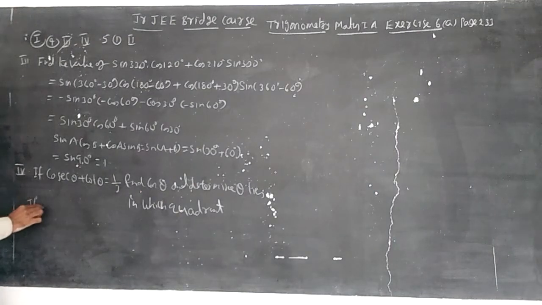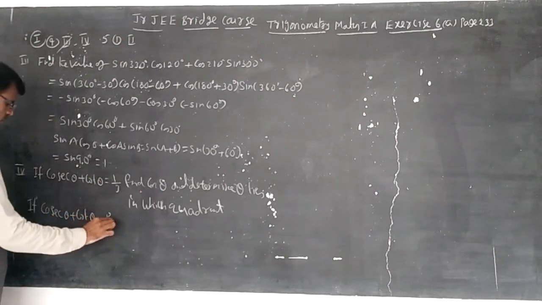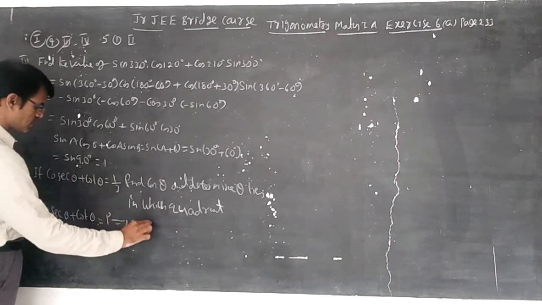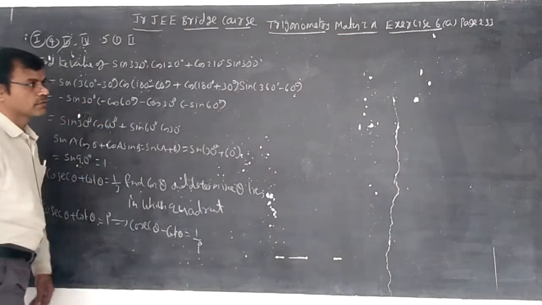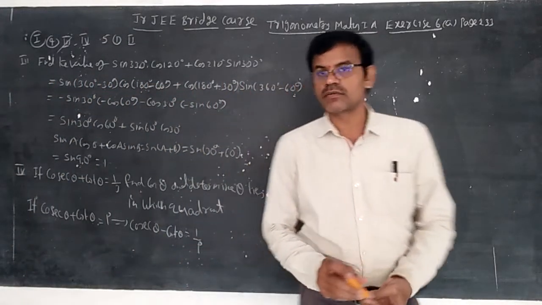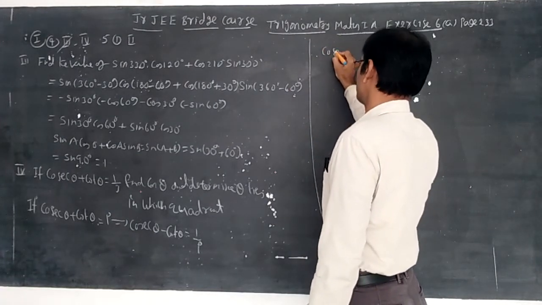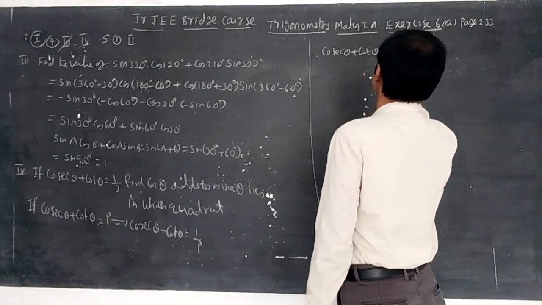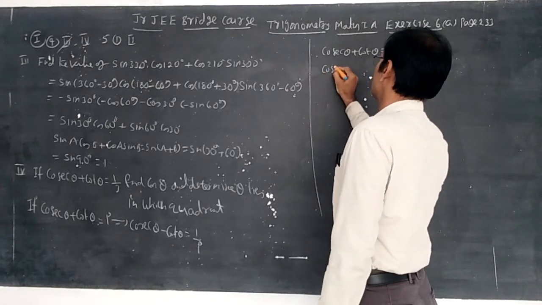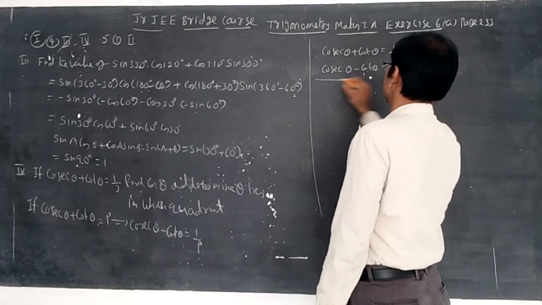Let us remember a formula. If cosec theta plus cot theta is equal to P, that implies cosec theta minus cot theta is equal to 1 by P. Depending on that formula, we have cosec theta plus cot theta equal to 1 by 3, and here cosec theta minus cot theta is equal to 3.